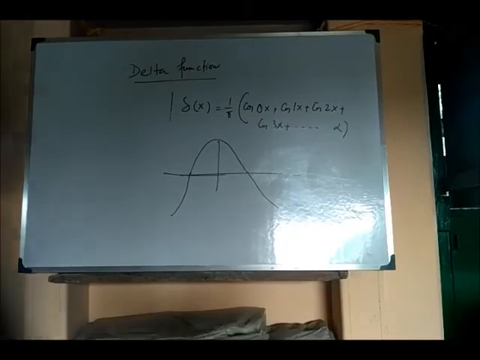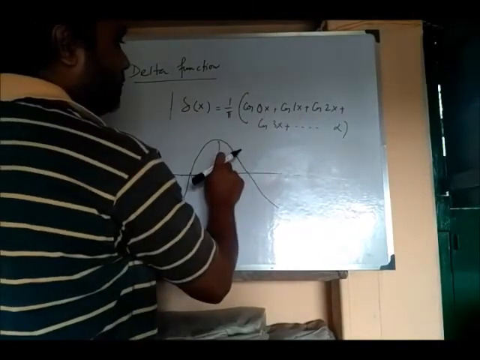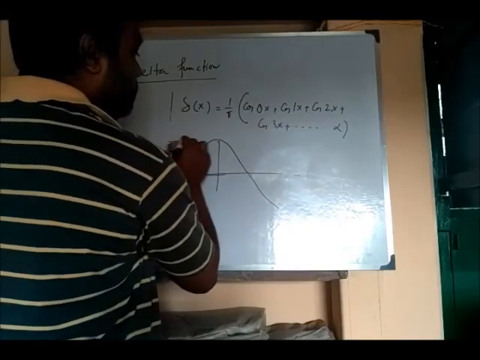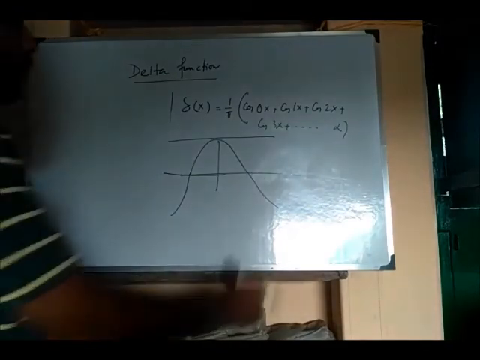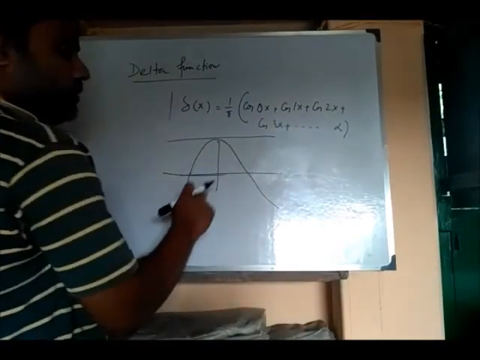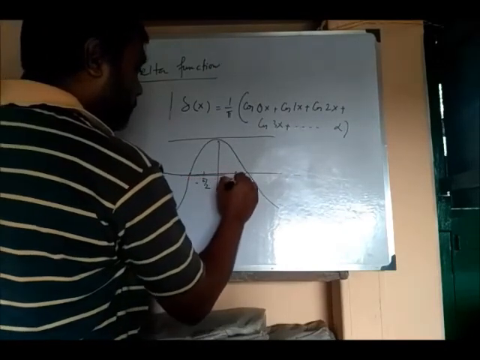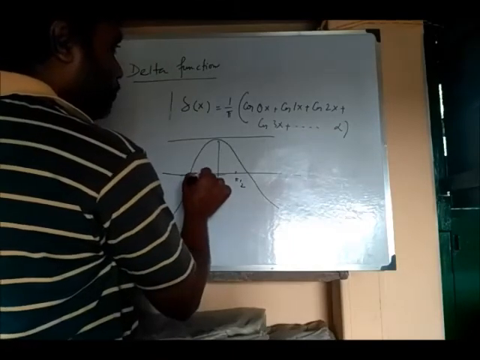Okay, now you are going to add cos 1x. And cos 0x gives me 1 always, so this becomes 1. For cos 2x, the frequency becomes double, so the period is pi, between minus pi by 2 and pi by 2.